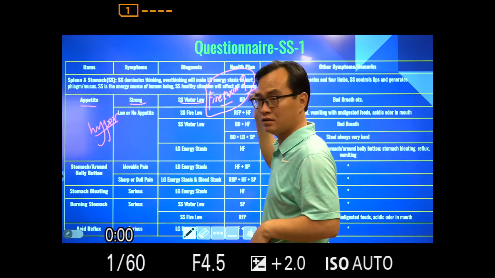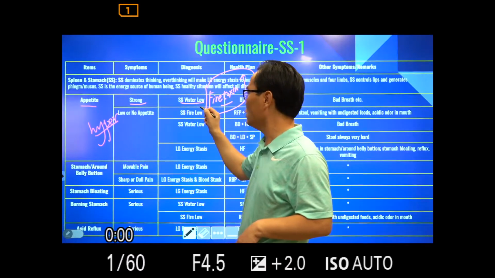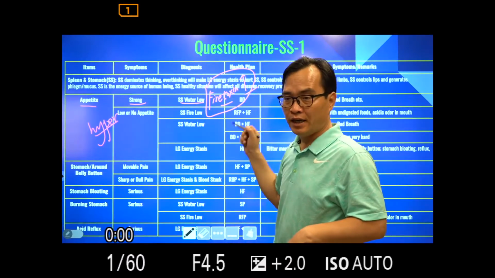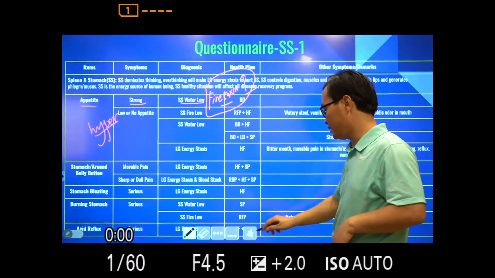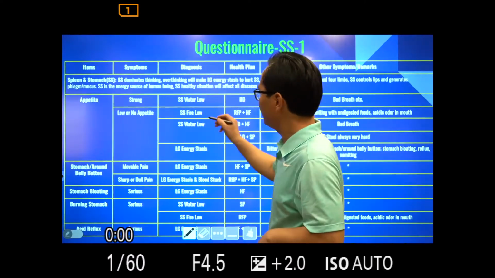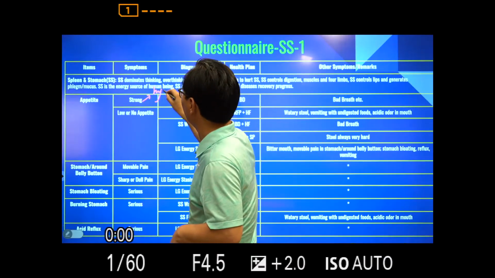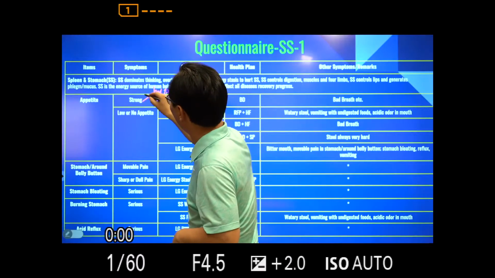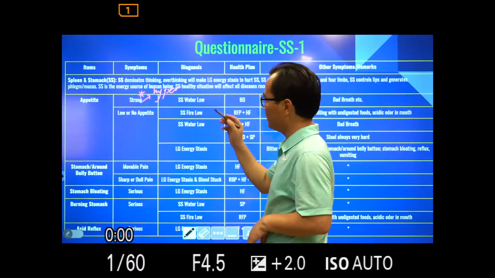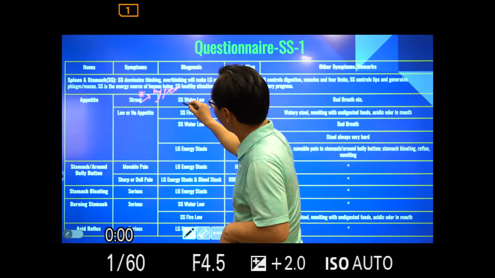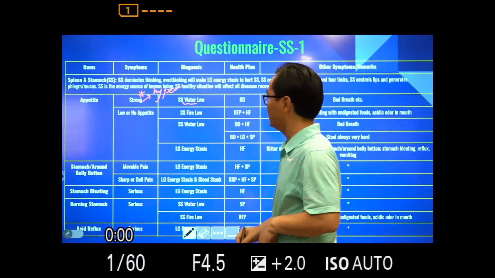Sometimes we just ignore it, but in fact, SS water immunity low, water energy low, means the fire toxin is high in the SS system. If this function is in the hyper level, it is a confirmation symptom that SS water energy is low and fire toxin is high in the SS system.